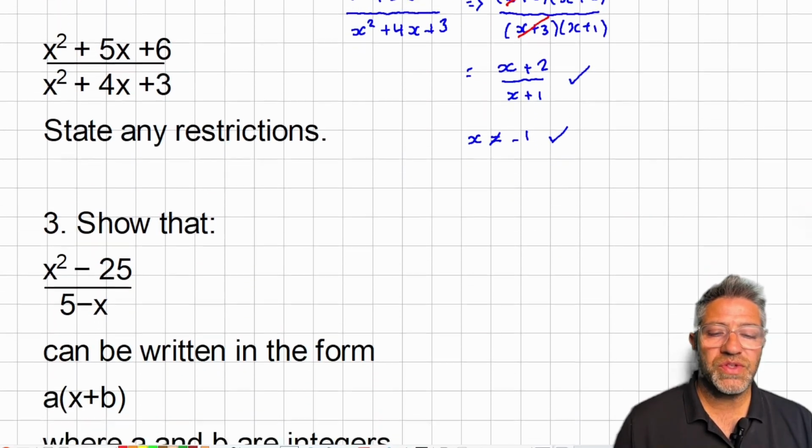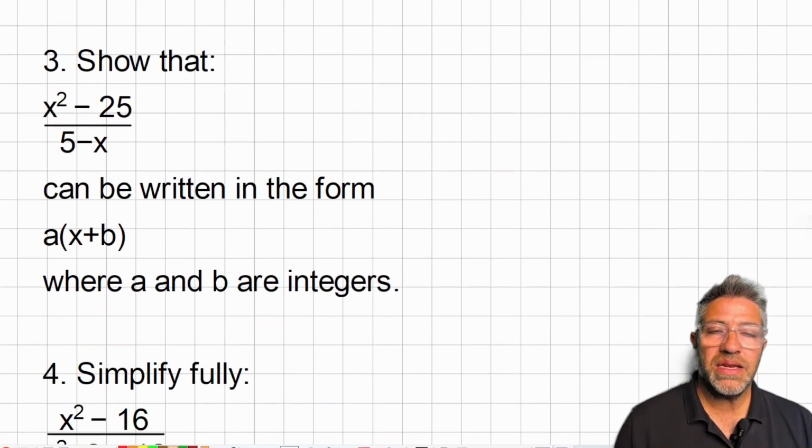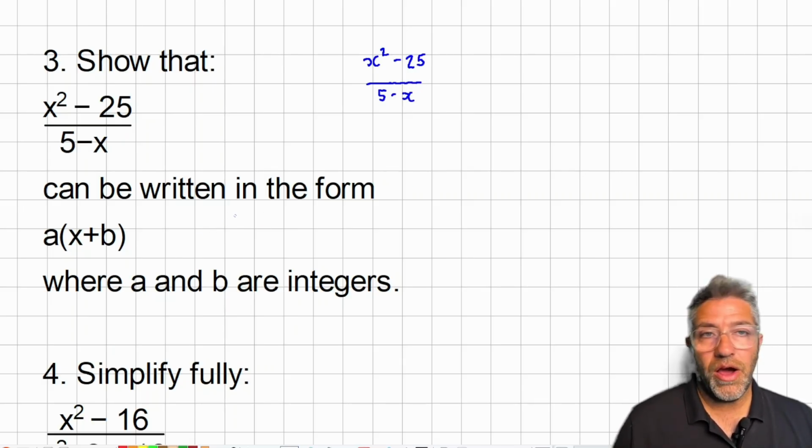So now let's move on to question 3. Again, just increasing the level of difficulty just ever so slightly. This time, if we look at our command phrase, show that x squared minus 25 over 5 minus x can be written in the form a, open brackets, x plus b.